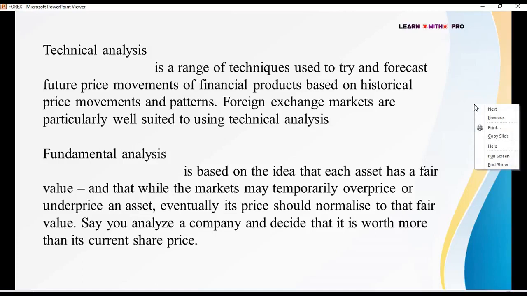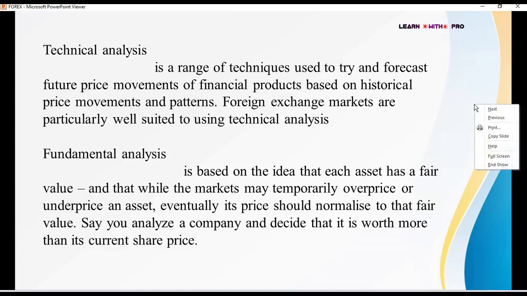So with technical analysis, you just look at, okay, there's a price fall, how will I make money from it? But with fundamental analysis, you look at, okay, what makes this particular price fall? You now begin to do research.